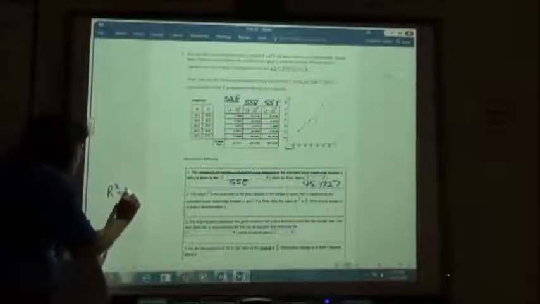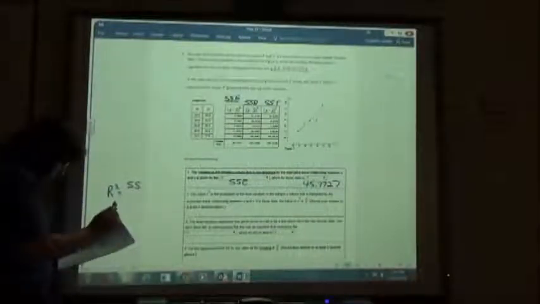The value of r squared is the proportion of the total variance in the sample y that is explained by the estimated linear relationship for x and y. For these data, what is the value of r squared? So that's the one we did last on the previous one. When we did r squared, we took the sum of the squares regression line and divided it by the sum of the squares total.